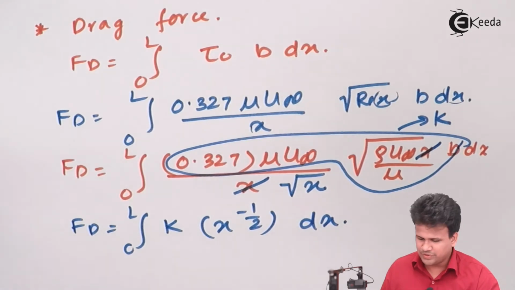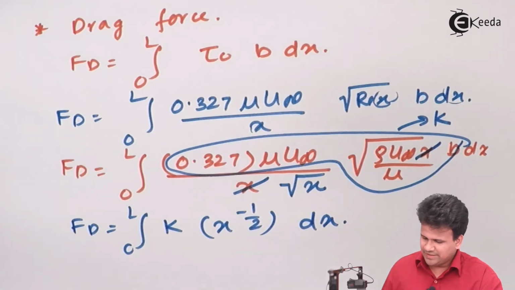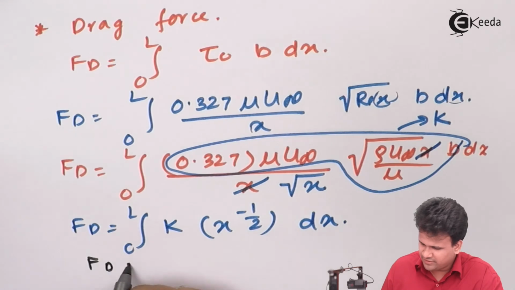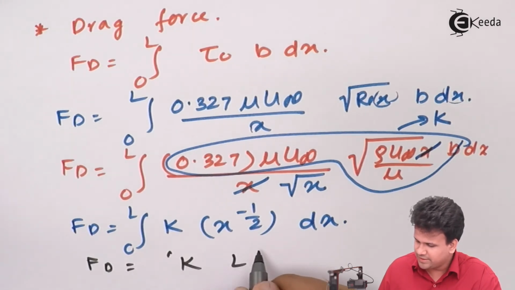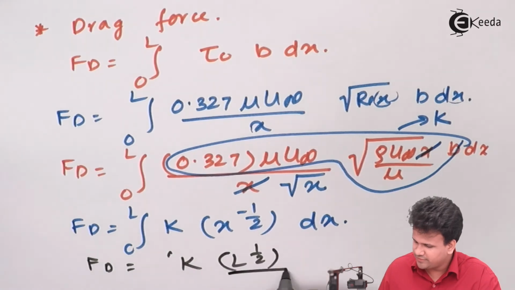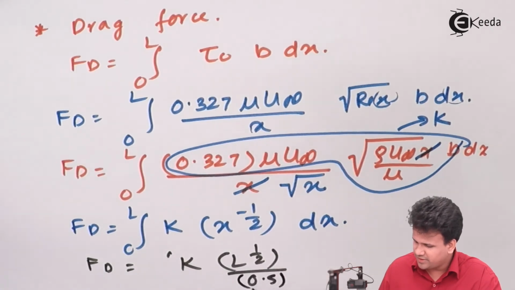So this is the value which we have got. When we integrate this, Fd will attain the value of k into L raised to 1 by 2 divided by 0.5, which is 1 by 2 over here.